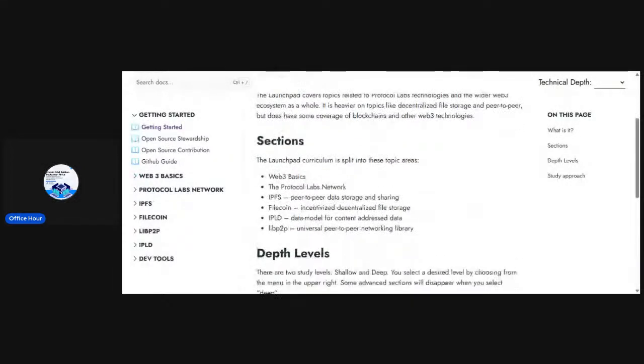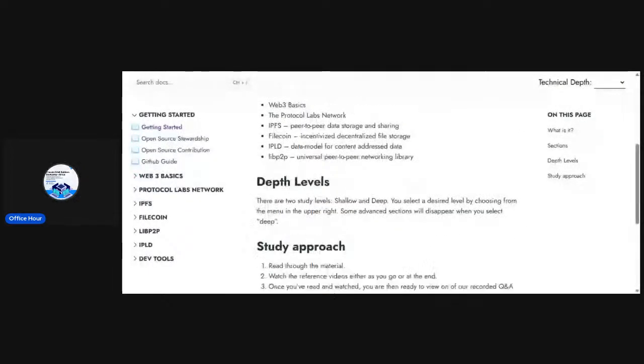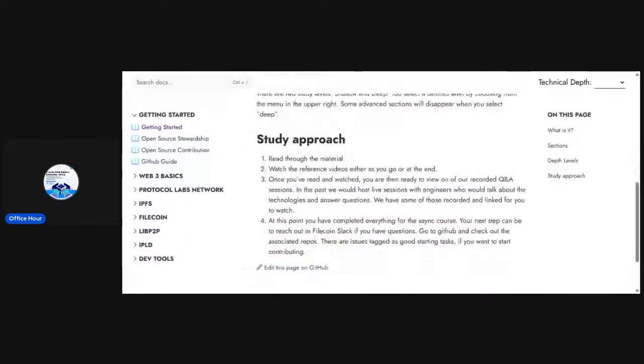Depth levels: there are two study levels, the shallow and deep. For you to make the best use of time, you have enough time to go deep. Don't stay shallow, just try to go deep. You select a desired level by choosing from the menu on the upper right. Some advanced sections will disappear when you select shallow. So these are the study approaches. You read through the materials and watch the reference videos, either as you go or at the end.